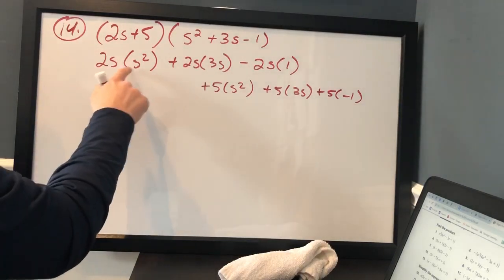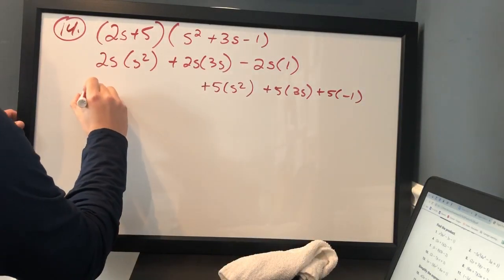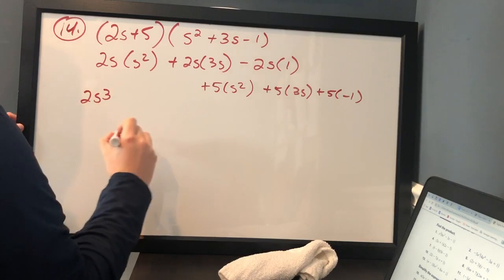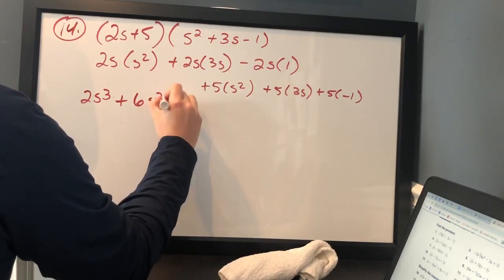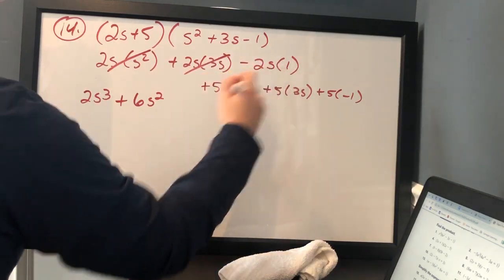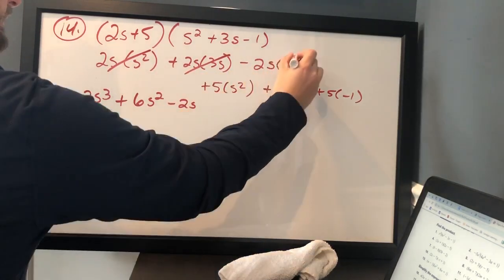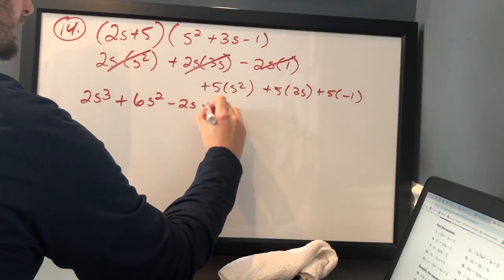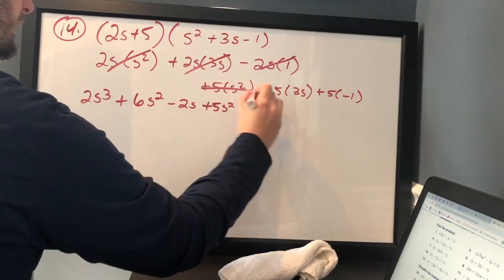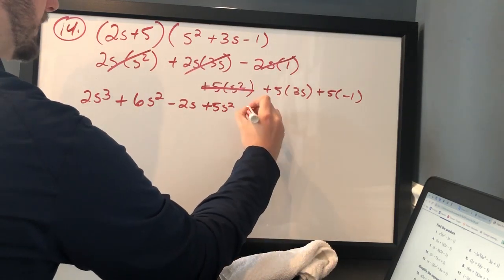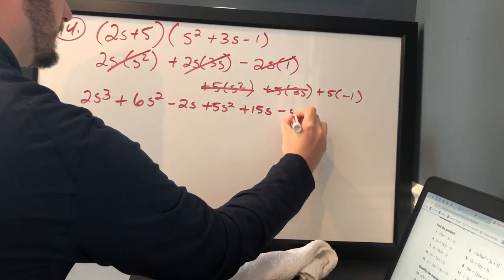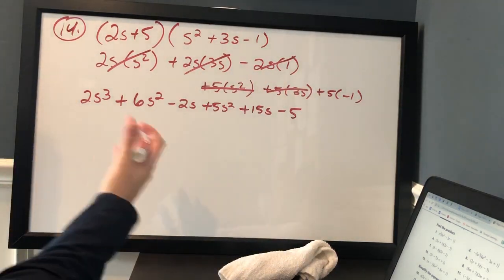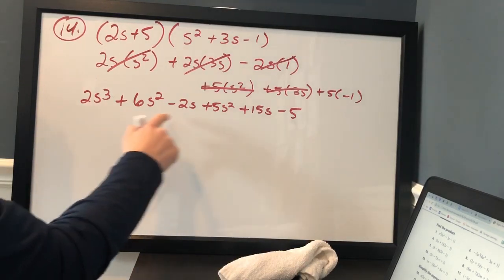All right, 2s times s squared equals 2s to the third, plus 6s squared, minus 2s, plus 5s squared, plus 15s, minus 5. Again, we have to combine like terms.